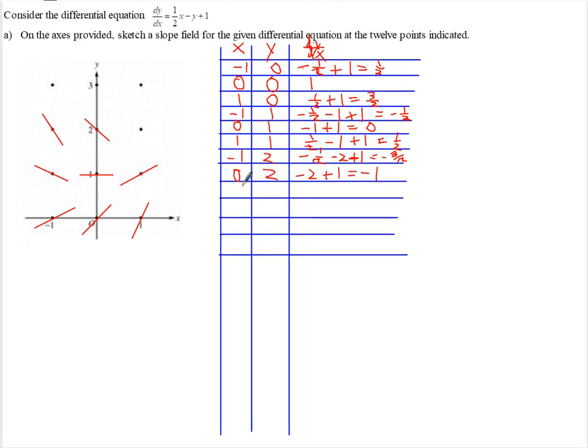And then 1, 2 will give you 1/2 minus 2 plus 1. So that would be a -1. Combine those, 1/2 minus 1 is -1/2. So that'd be the same slope as this one. Down 1, right 2.